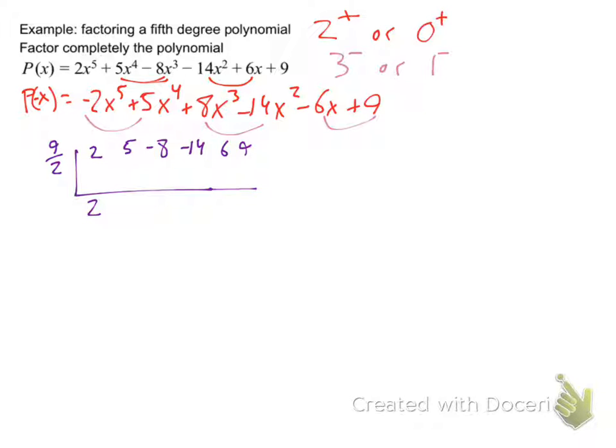Bring the 2 down. 2 times 9 halves is 9. 9 plus 5 is 14. 14 divided by 2, 7 times 9 is 63. Add a negative 8. What, 55?